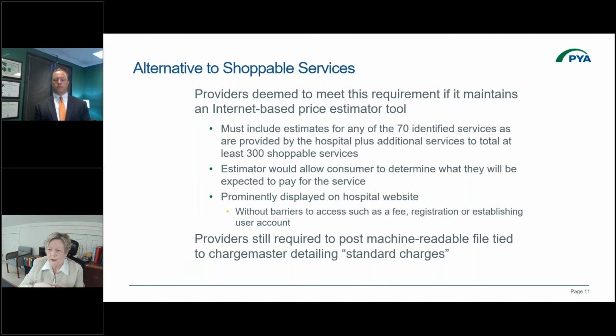This would be a tool that would require a patient to put in specific information about who they were and what their insurance was, because you would be actually accessing the payer website to go through and come back and say, this is what your out of pocket is going to be for that particular service that you are asking about. It would actually allow you to use something that queried the insurance and the patient's outstanding liability.